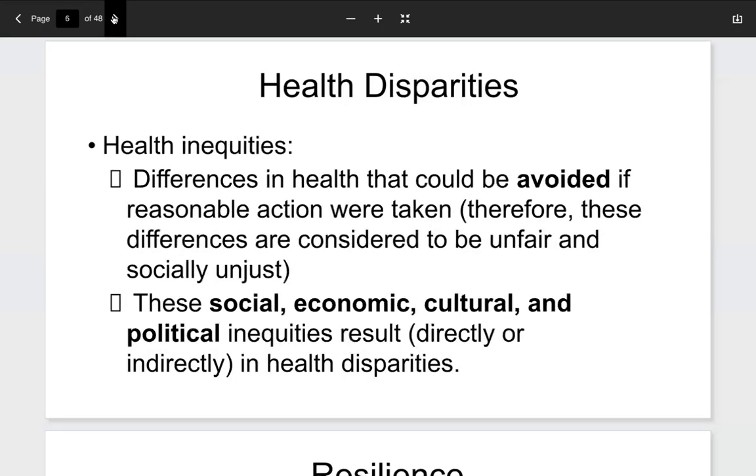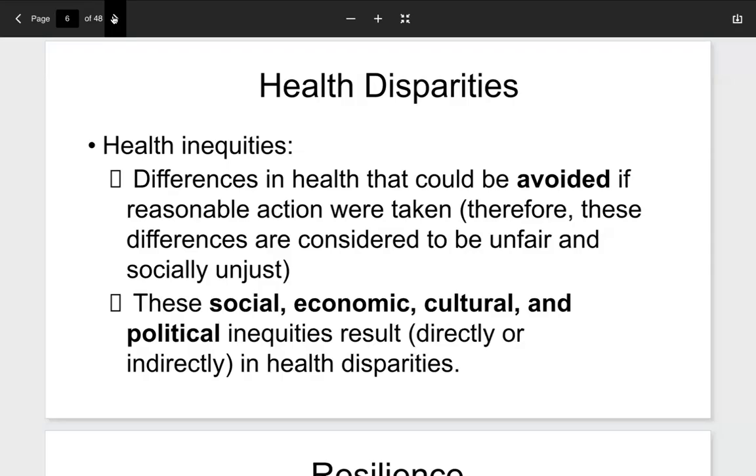Then we have health inequities. A health inequity is a type of health disparity. The key way of remembering this is that it is something that is unjust and avoidable. So that's the key here. These are differences in health that could be avoided if reasonable action was actually taken.